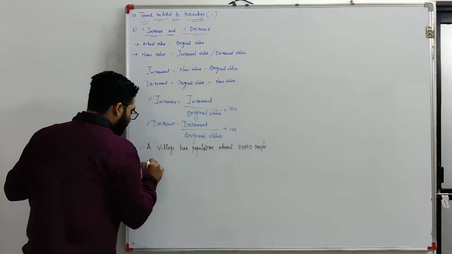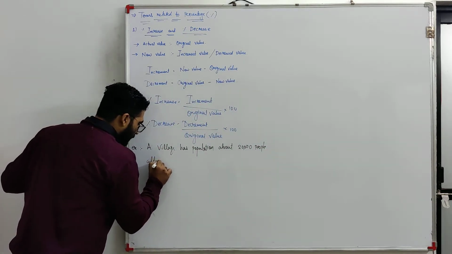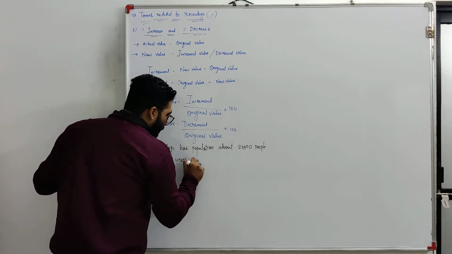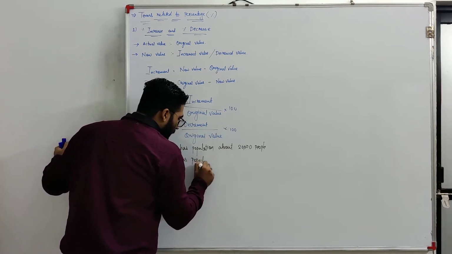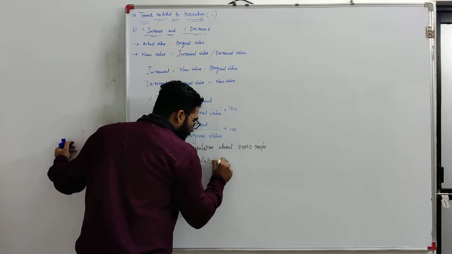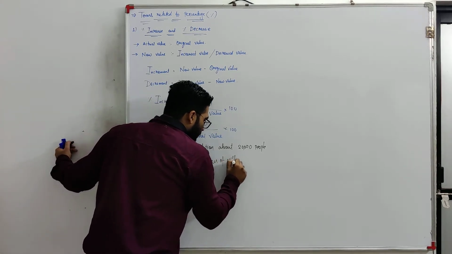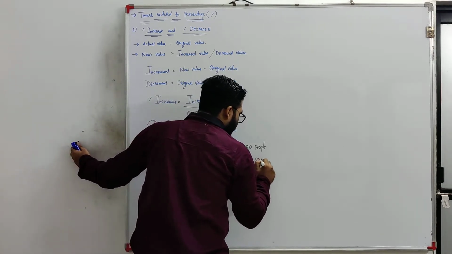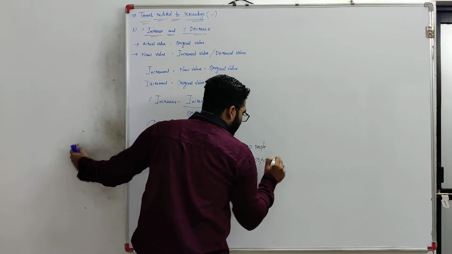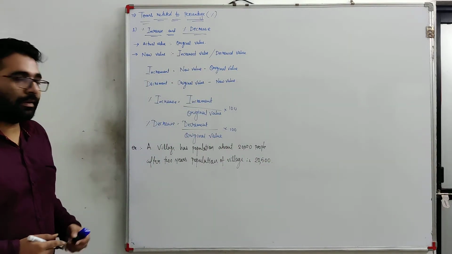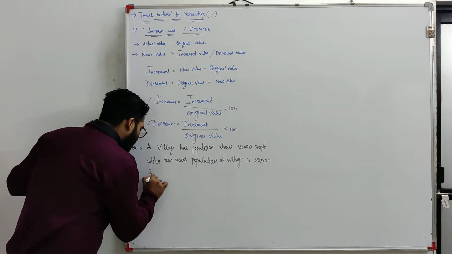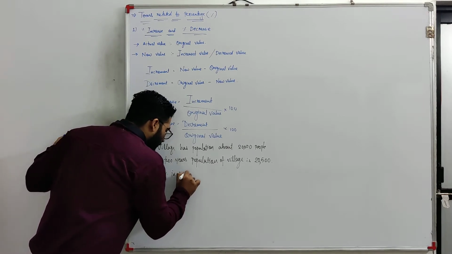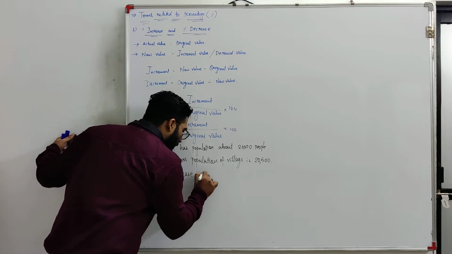After 2 years, the population of the village is 20,500. How much percentage increment occurs? Find the percentage increase in population.